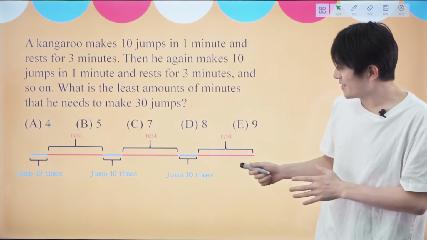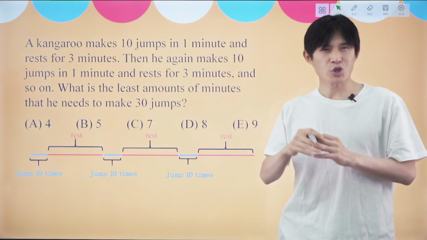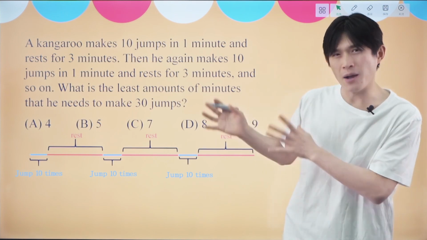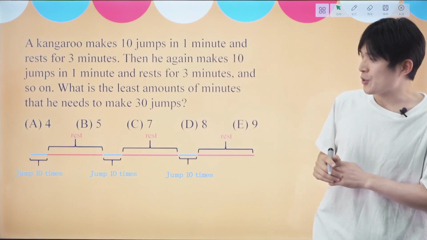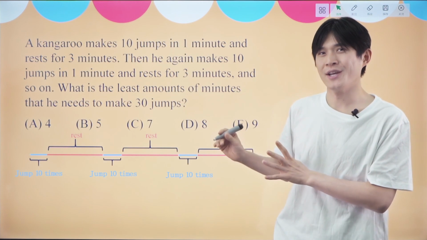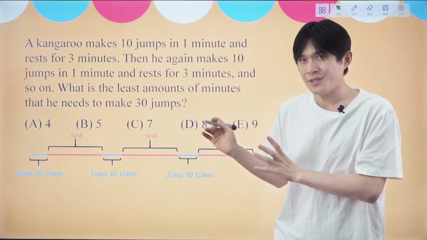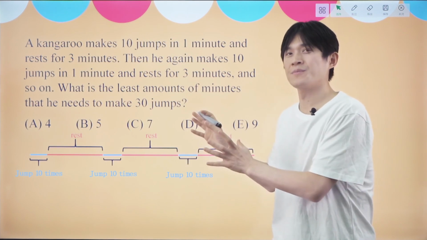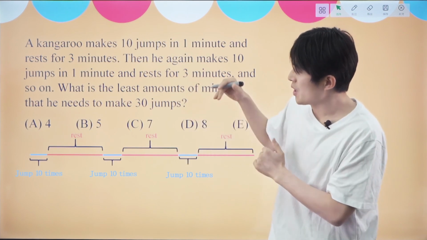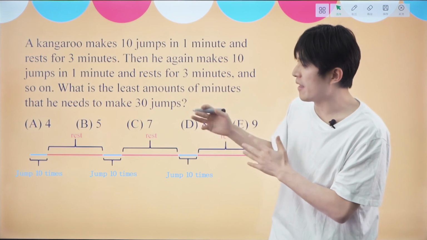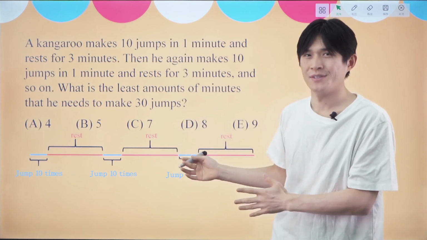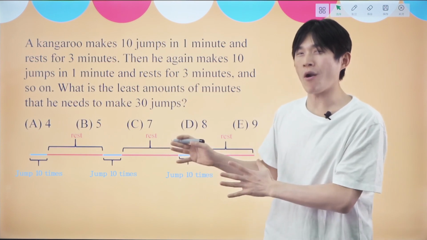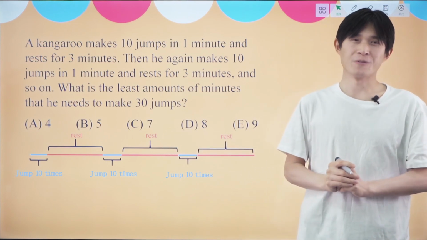At the end, also a jump. So we can consider the jumps as the objects. The rests are intervals, and the number of jumps is one more than the number of rests. So the number of objects is one more than the number of intervals.